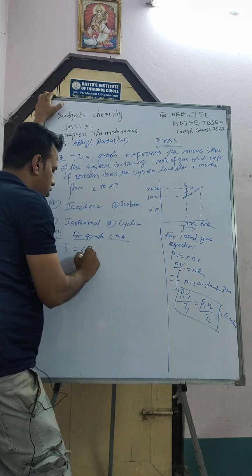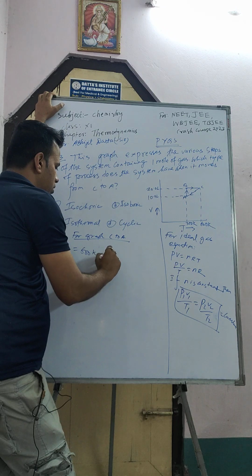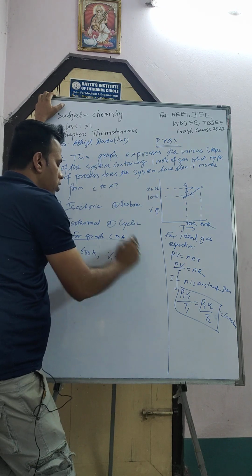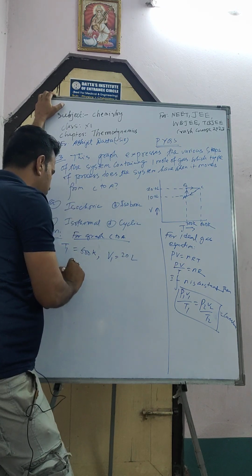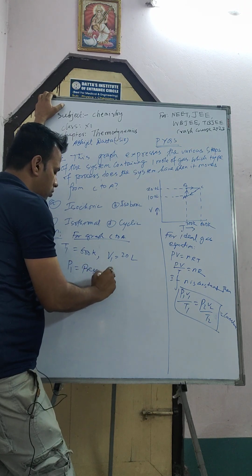The initial temperature T1 is 600 K, and the initial volume V1 is 20 liter. Let P1 be the pressure.